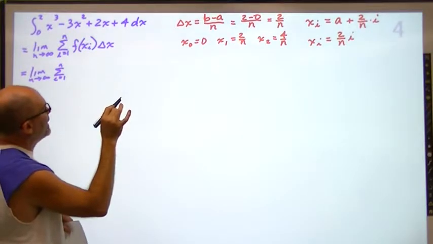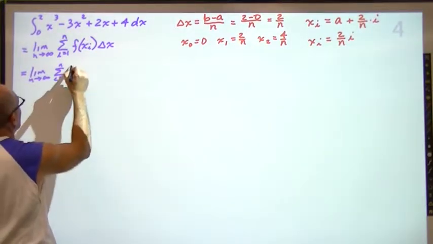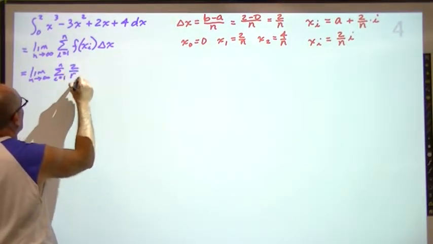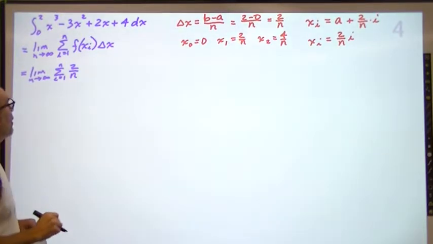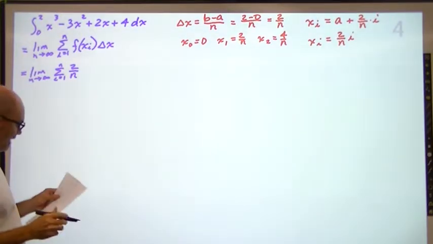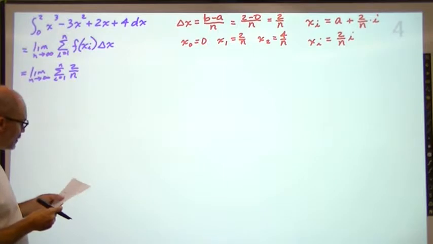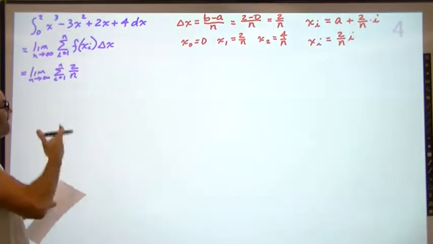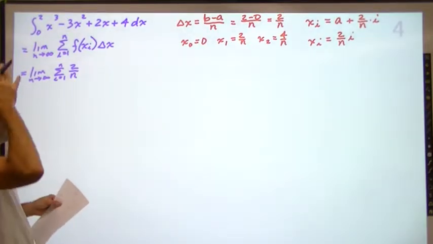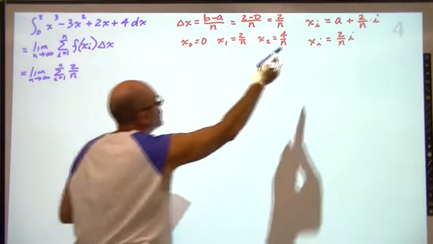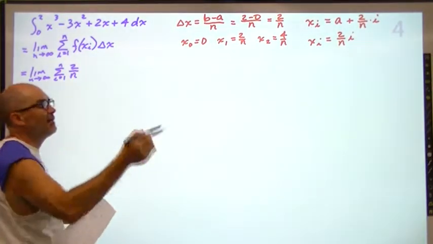So delta x is 2 over n. Now, f of x sub i is going to be the function with x sub i put into it. Well, what's x sub i? It's 2 over n times i.